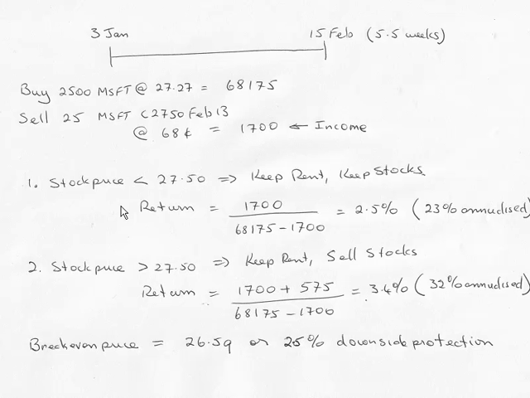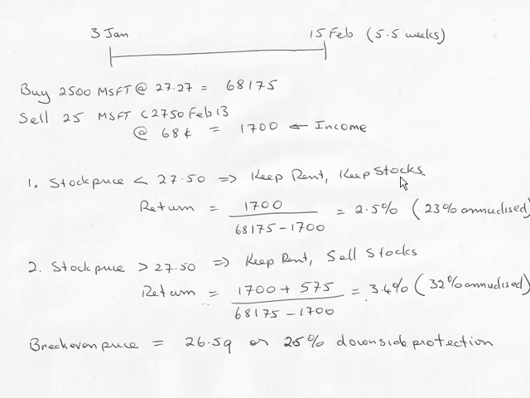Now, the two scenarios that could happen here. Let's look at the two scenarios so that we understand this. First scenario, stock price could stay below $27.50. So this is the $27.50 price point here. If the stock price stays below it, tracking up and down, and stays below that price up until 15th of February, then we'll get to keep the rent, as we always do, and we get to keep our stock.